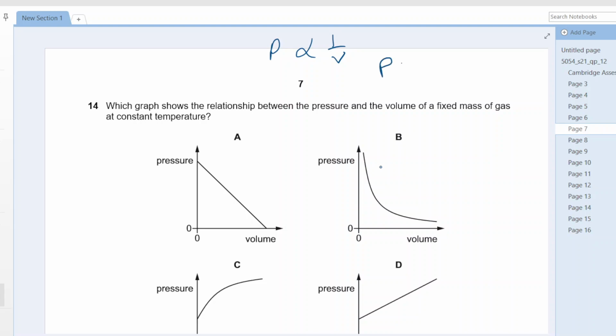Therefore, P equals to A by V. If I consider this as a mathematical equation like y equals to a constant, say 1, by x, the graph of this is like this.